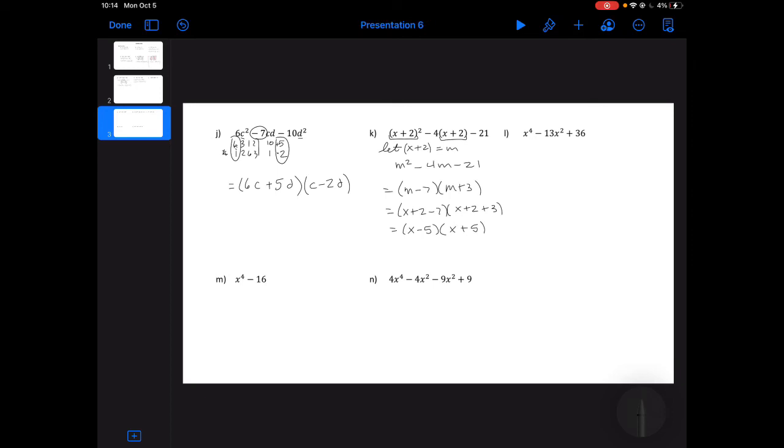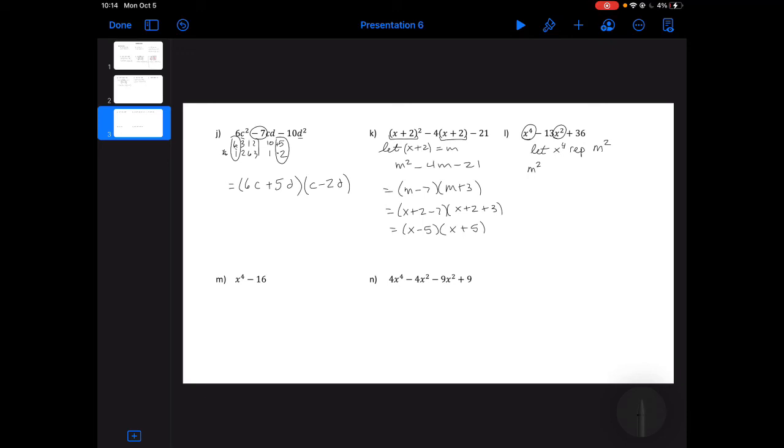Let's do another example. So here, now I've got an x to the 4. So same thing. I'm going to say let x to the 4 represent m. So now I can rewrite my expression as m squared.